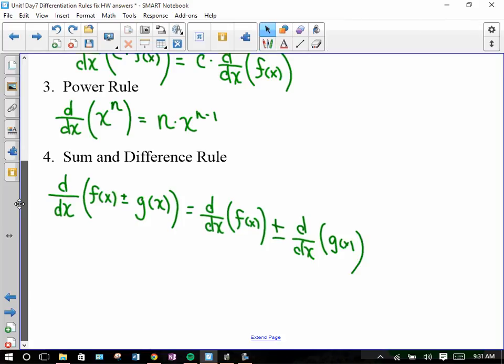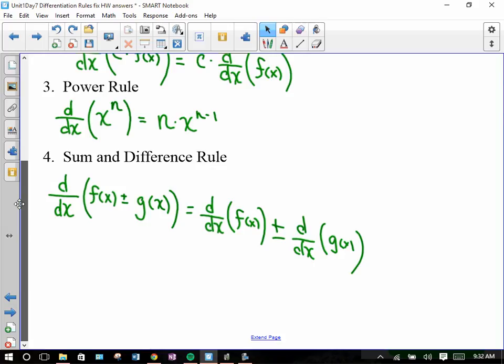So again, what that allows you to do is if you have a complex function with different parts adding and subtracting together, you can take the derivative of each piece separately. And again, right now, we're going to use it, but we're not going to explicitly say we're using this. We just know that this rule exists, so it allows us to take the derivative.